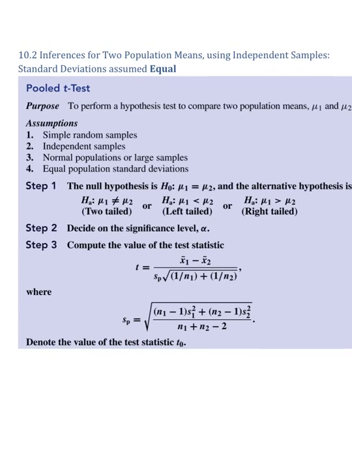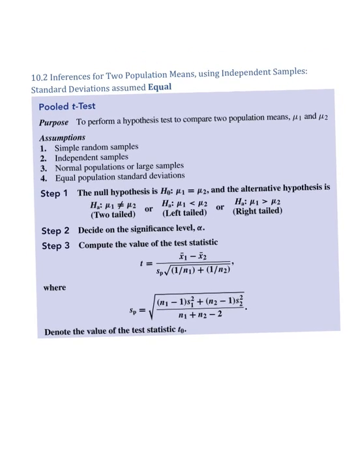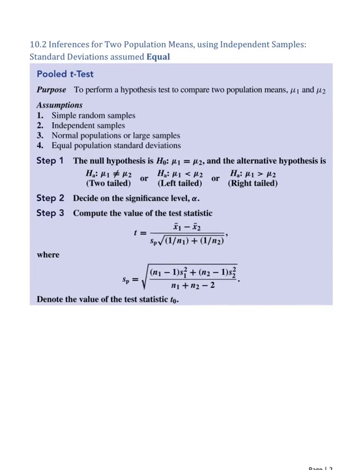So here's a summary. In Chapter 9, we had two kinds of hypothesis test. One was the z-test, when we assumed we knew the population standard deviation.